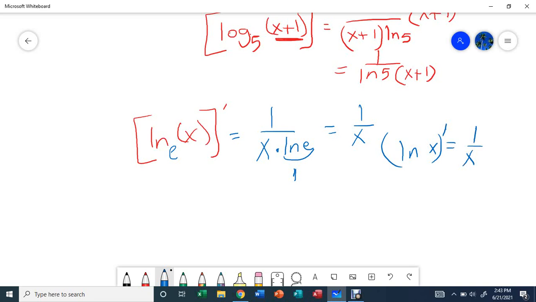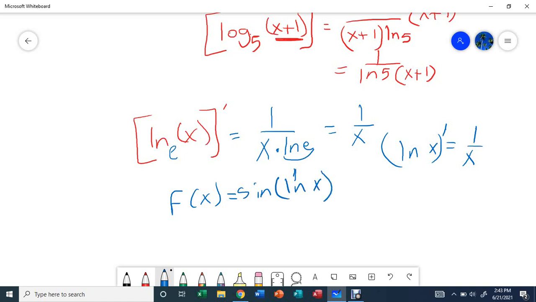So let's find out the derivative of f of x, which is sine of ln of x.